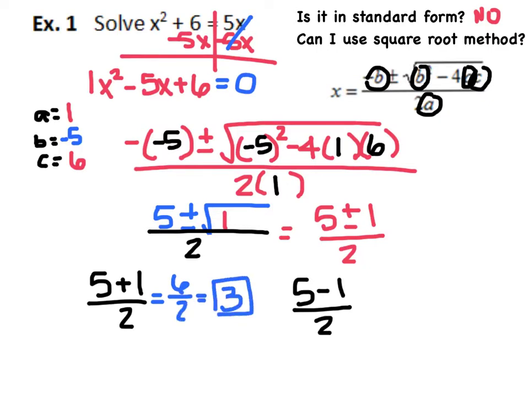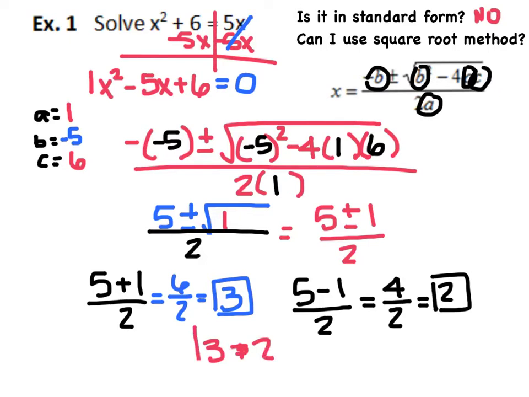There's my first solution. Now my second solution, 5 minus 1 is 4 divided by 2. 4 divided by 2 is 2. There are my two solutions. So the answers are 3 and 2. Those are my solutions, or my x-intercepts.